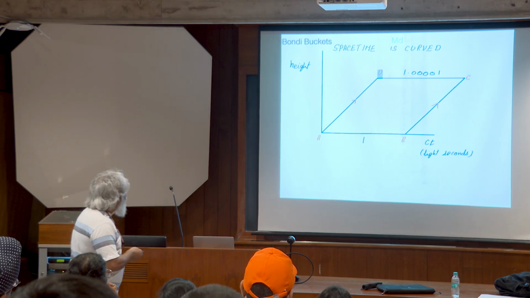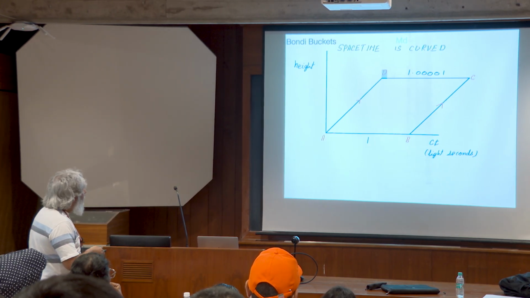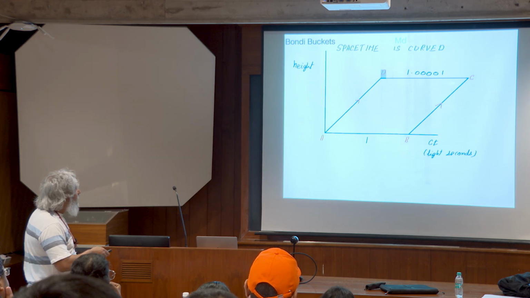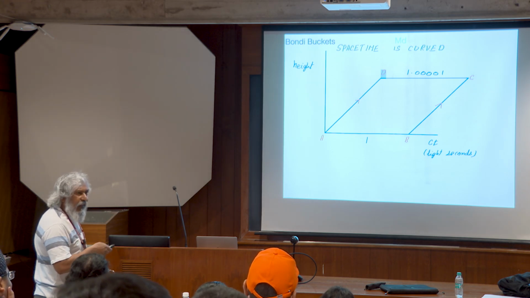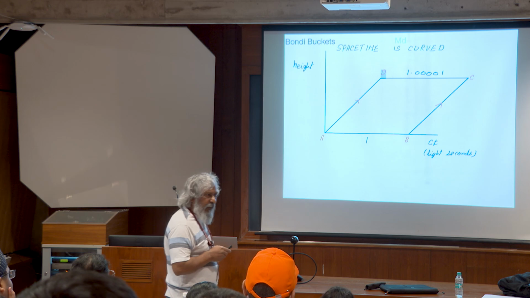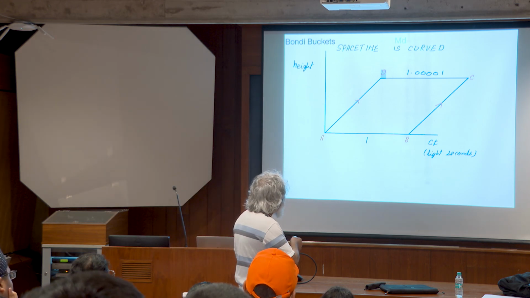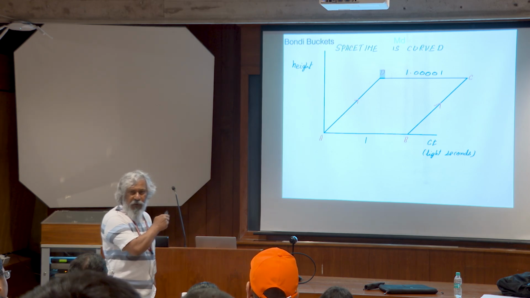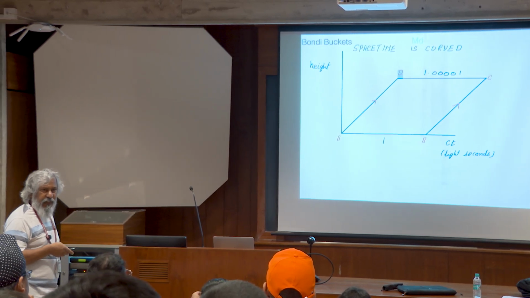So that means now I've got a parallelogram in which these lines are parallel to each other. This side is 1, but that side is not quite 1. This can never happen in flat space-time. So that means that space-time is curved in a gravitational field. This argument is also due to Bondi, like the first one about relativity.